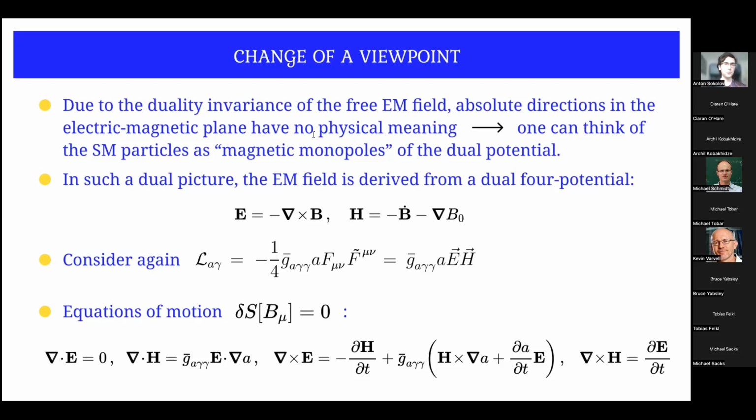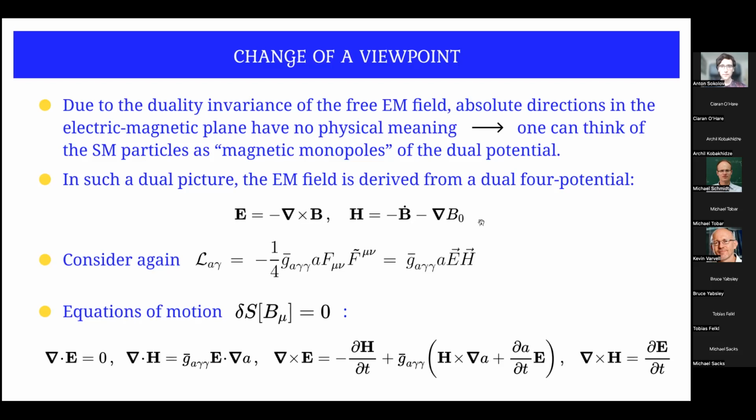So if we introduce the dual potential B in this way, we say that now the electric field is given by the curl of the vector potential, and the magnetic field is given by this expression here, which is minus B dot minus the gradient of B0.